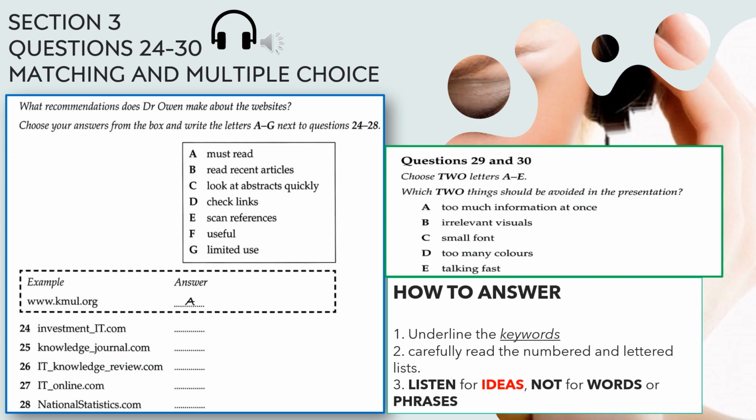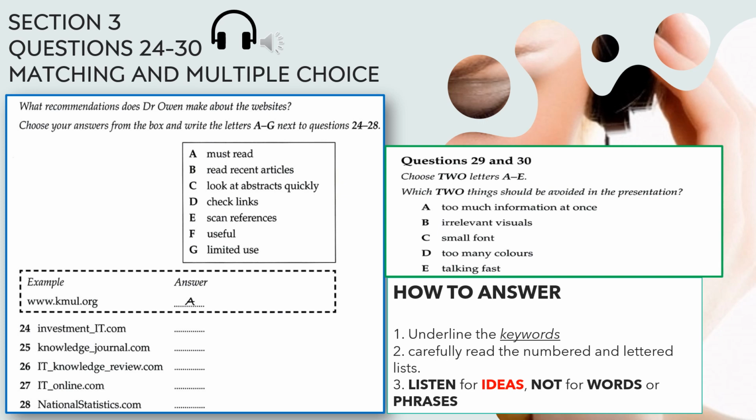The one you have to go through is the IT department section on the university site, which is www.kmul.org. It has articles by all of us in the department, links to useful information, so I think it is essential to look at this. OK, I've already been on it, but I'll tick that one as a must-read.